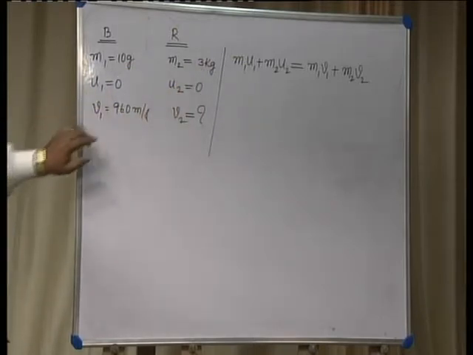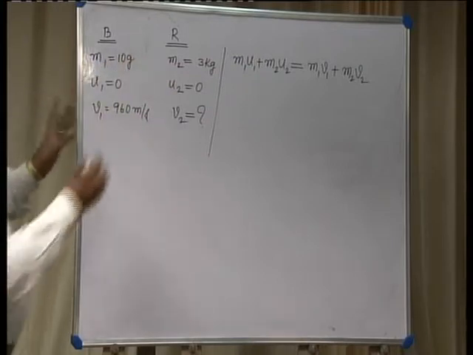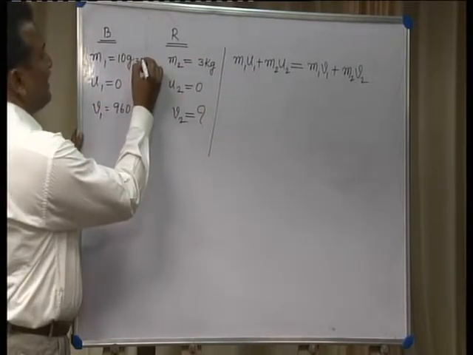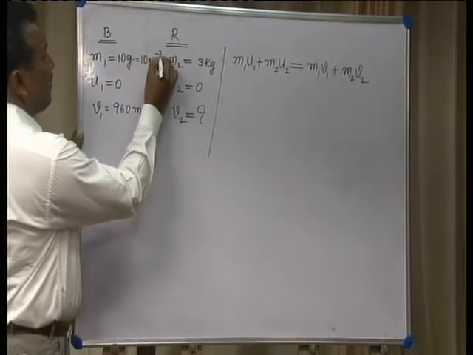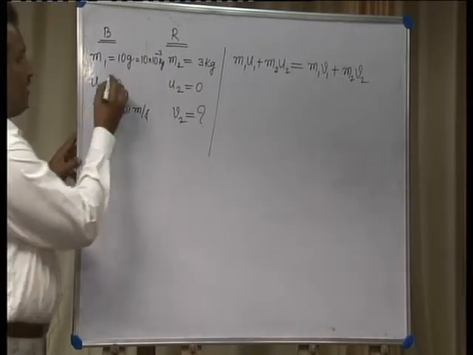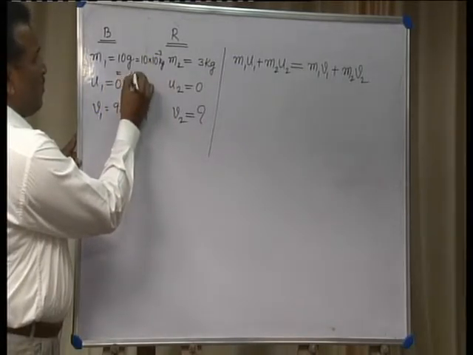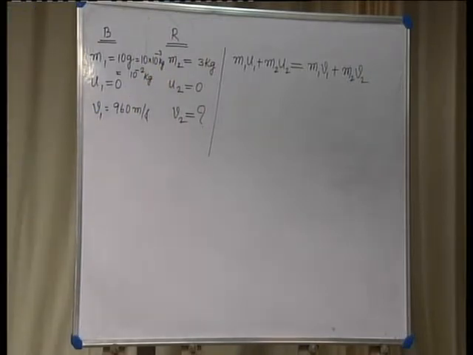Two of these are in terms of SI, but the others are not, so you have to convert them to the SI system. For 1 gram there is 10 power minus 3 kg, because 1 kg is equal to 1000 gram. So 10 power minus 2 kg is the mass of the bullet.